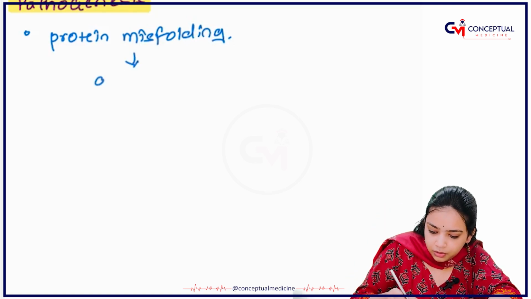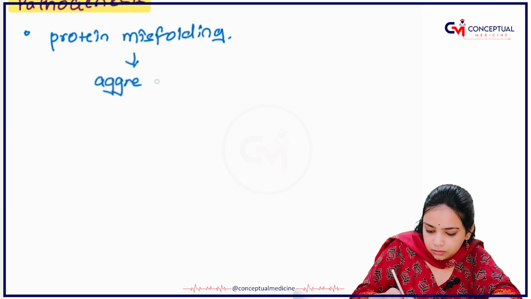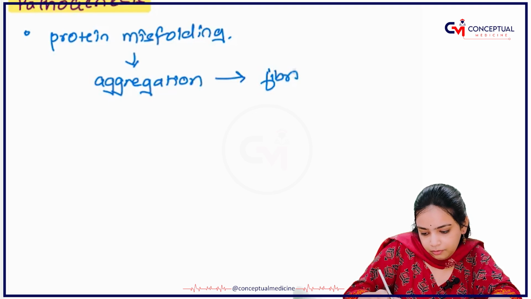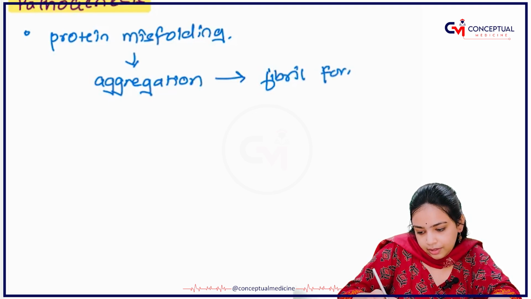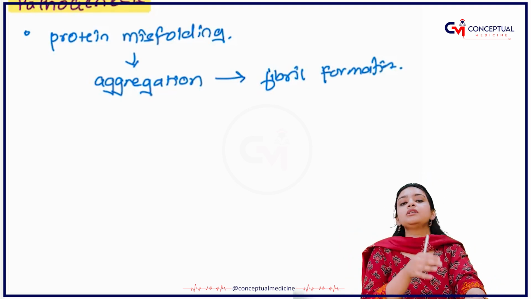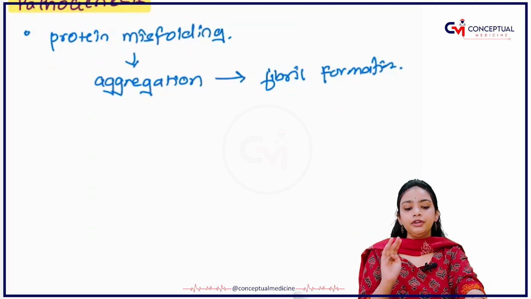After the protein misfolding, there is aggregation. And lastly, there is fibril formation. Okay, so these are the basic steps which amyloid follows.